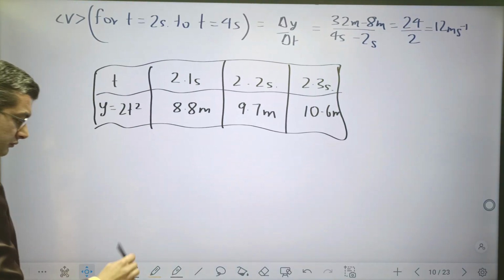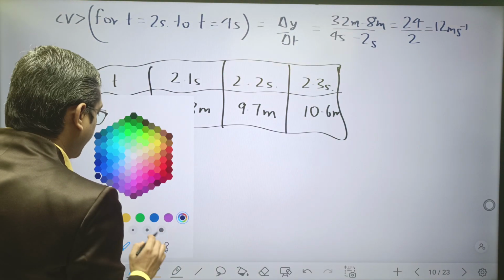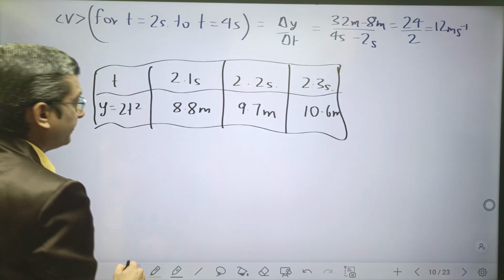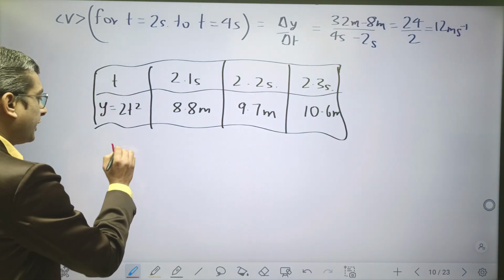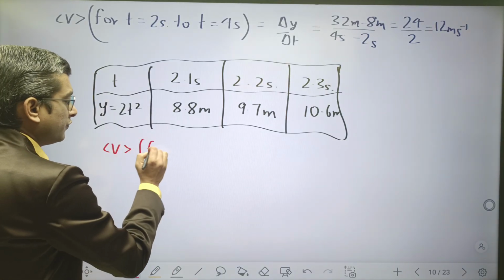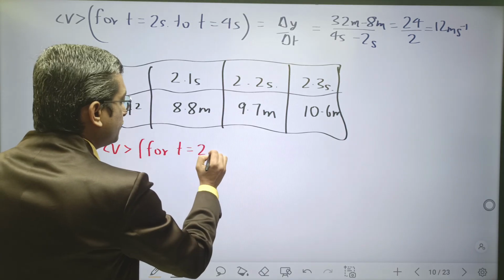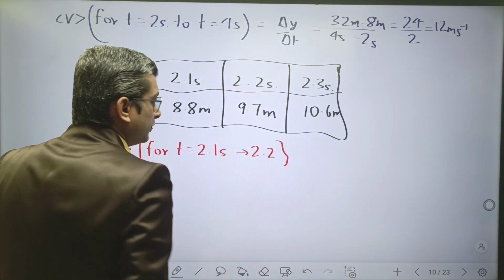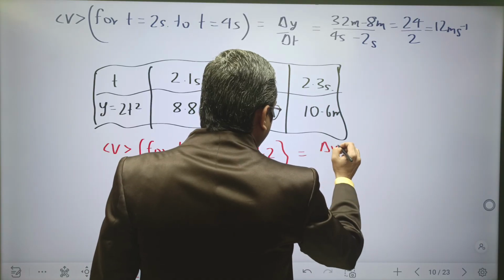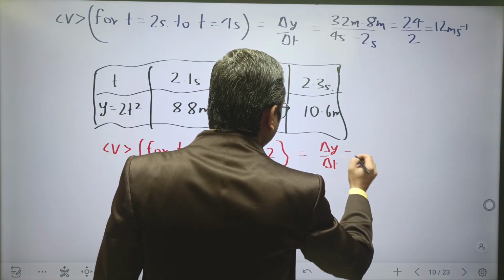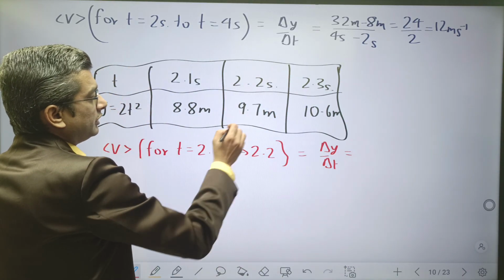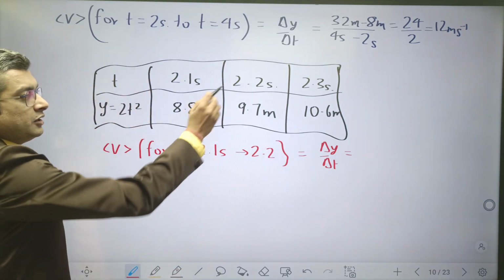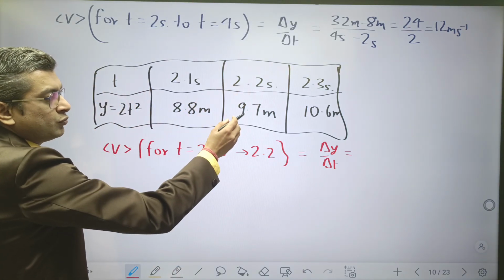So now if I find the average velocity for time interval 2.1 second to 2.2 second, it is given by delta y by delta t. And what is the change in position within this time interval? At 2.2 second, it has position 9.7 meter.